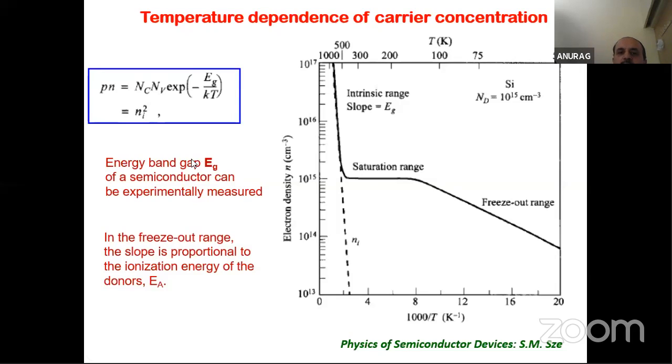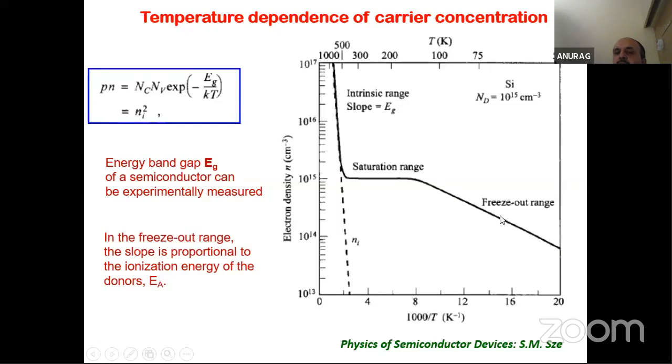The second thing which you can find out is from the saturation regime. The saturation regime gives the doping concentration, so from the saturation range you can tell what the carrier concentration is. Then the freeze-out range.